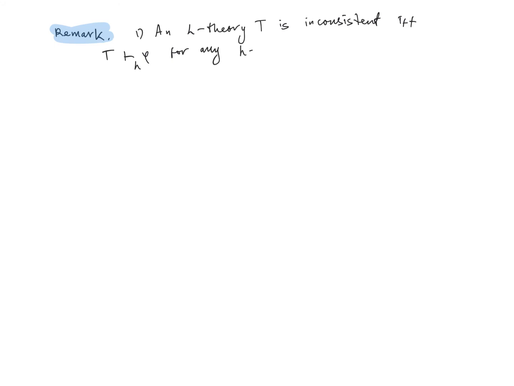We have the following remark. First, an L theory T is inconsistent if and only if T proves phi for any L formula phi. So an inconsistent theory proves anything.